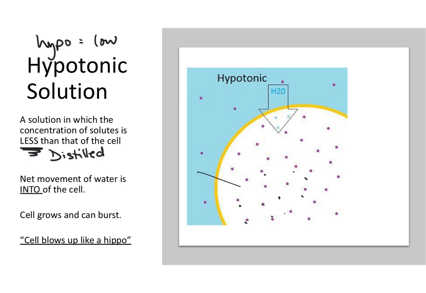So as a result, the water is going to move into the cell, and that's going to cause the cell to grow. Sometimes the cell, if placed in very distilled conditions, can end up bursting, and that's what we call lysis, everybody, okay? Lysis is when the cell essentially bursts, causing it to rupture. Hypotonic: low amounts of solute on the outside, water enters the cell.